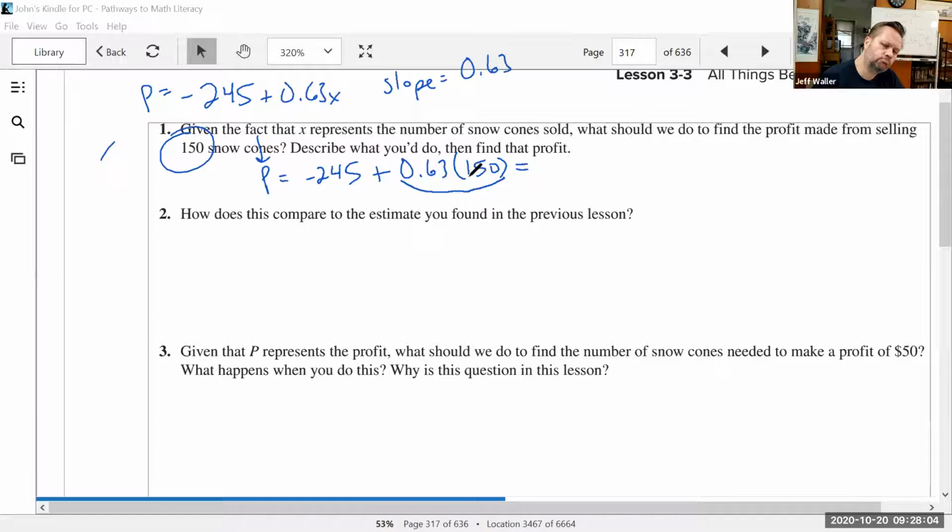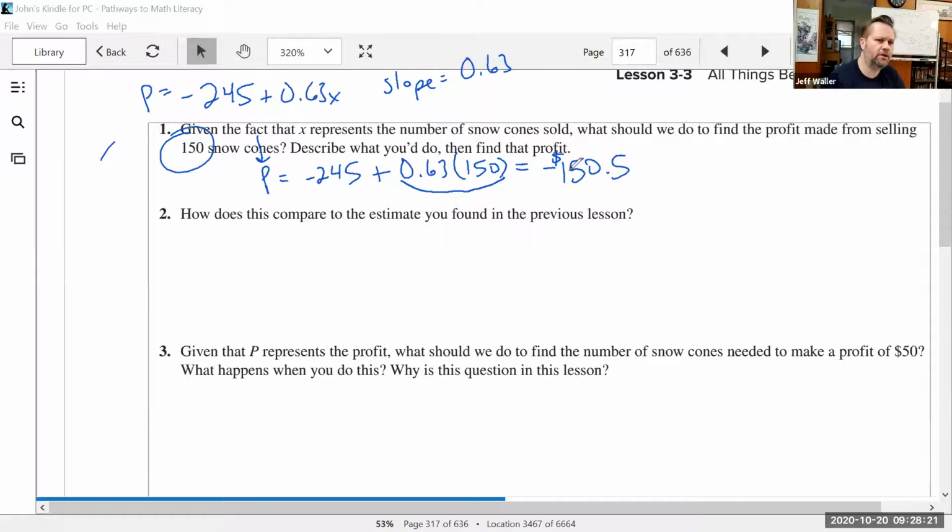You want the answer? It's negative 150.5. Sounds about right. Bucks, right? Dolieros. All right. Not a good profit.